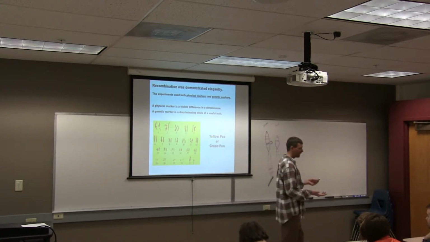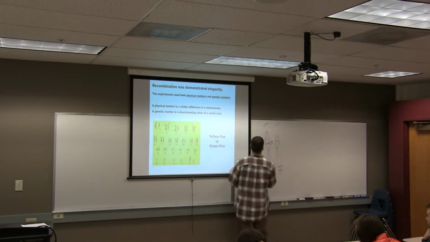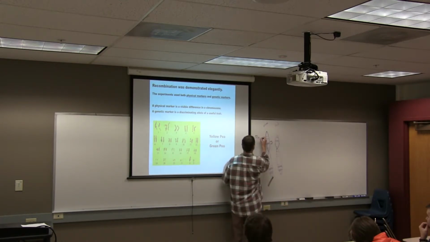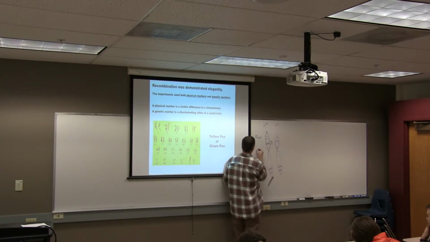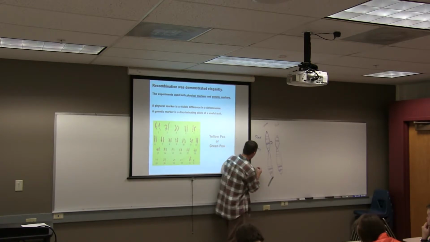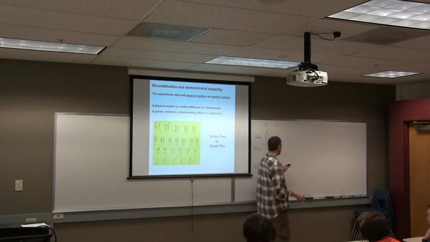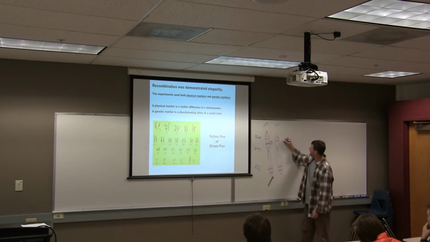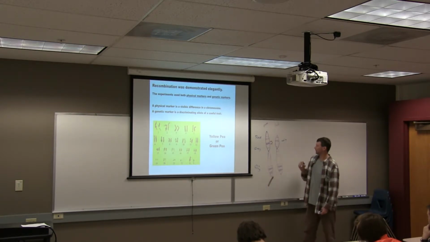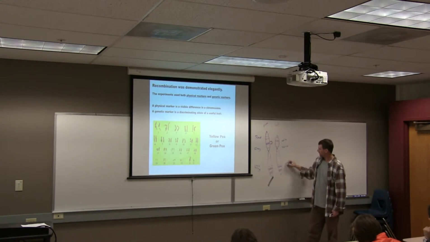And for simplicity's sake, we can say, okay, well this guy here has red eye here, has gray body here, and has wild type wing here. And then in a different line, we can get this mutation where the white version of the eye color allele is here, the yellow body is here, and the miniature wing is here.